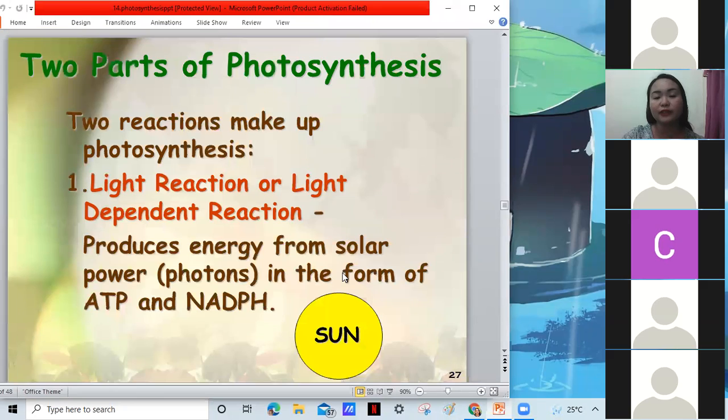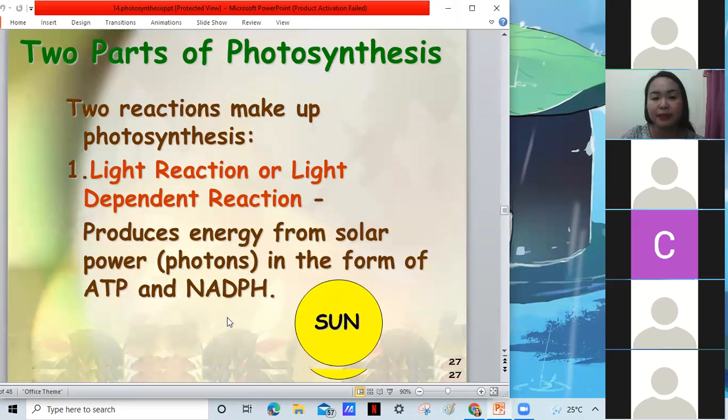So what are the parts of photosynthesis? As I have said, we have the light reaction, or light-dependent reaction, of photosynthesis. This is the time where the plants, through the chlorophyll, harvest the energy from solar power, called photons, in the form of ATP and NADPH.